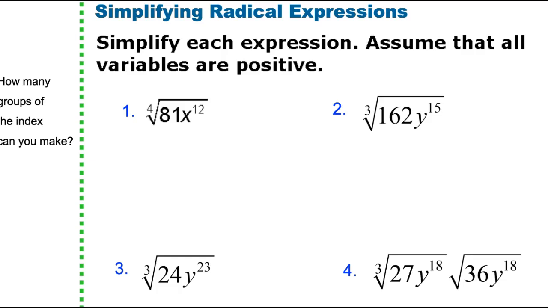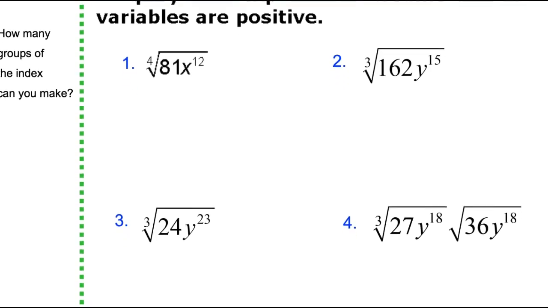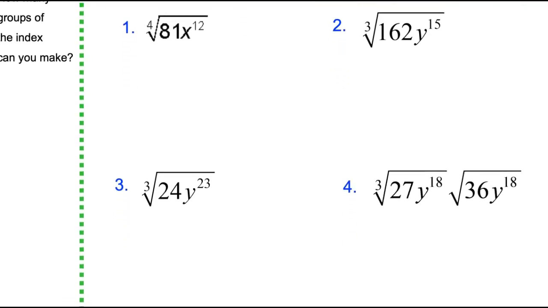This is from Friday, so just simplifying some radicals that are higher than square roots. So fourth root. So here we go. We're going to try to simplify a fourth root radical expression. I'm going to break this up into 2 parts: a part that has perfect fourth root stuff and a part that doesn't. If you look at the number out in front, 81, lo and behold, is a perfect fourth root.